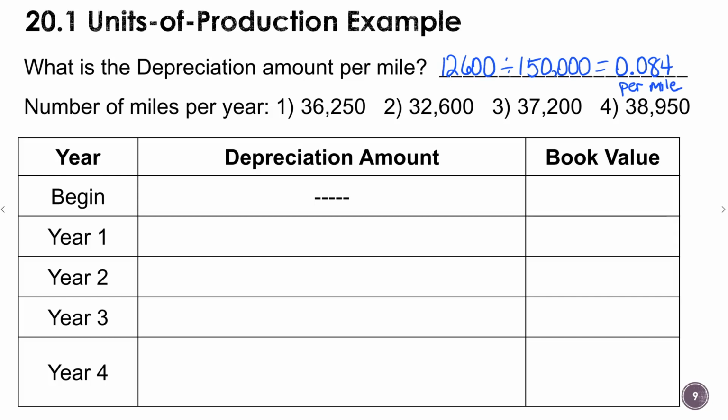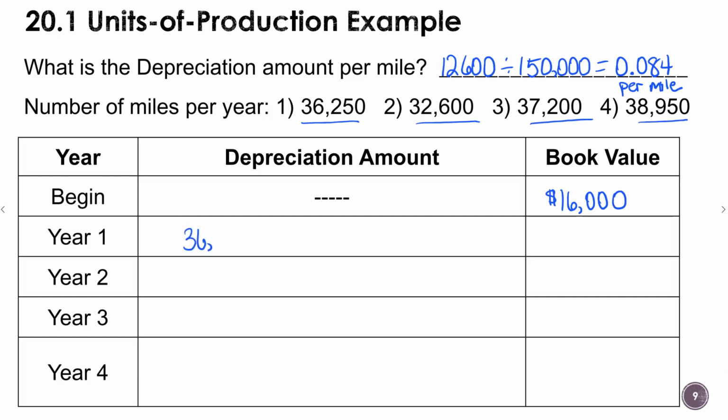Okay, so we'll be deducting that amount per mile, and that just means we do some multiplication. So we start out with our book value of $16,000, and then we're going to use these numbers in our multiplication as we work our way down the chart.